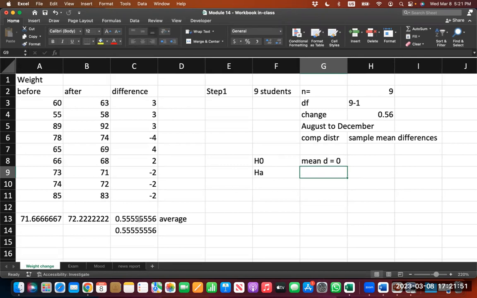So we're comparing whether this mean difference that we have quantified here is 0 or not. And so our alternative is mean D unequal to 0. We're doing this as a two-sided test. Hypothetically, we could also do it as a one-sided test, and we will discuss how to do that. So that's our step 2.